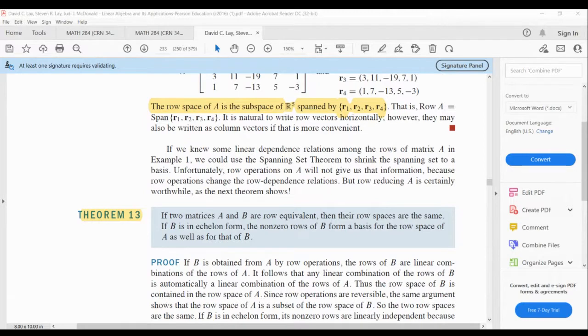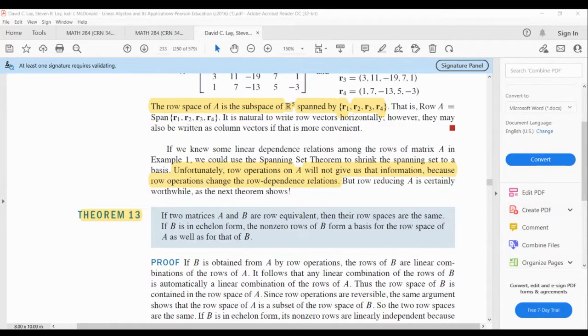Now, this is not true for column spaces when you do row operations, and they mention this here right above. You've actually seen this in an example that we looked at. If you do row operations on a matrix A and reduce it into, for instance, echelon form matrix B, that'll tell you what the pivots are.